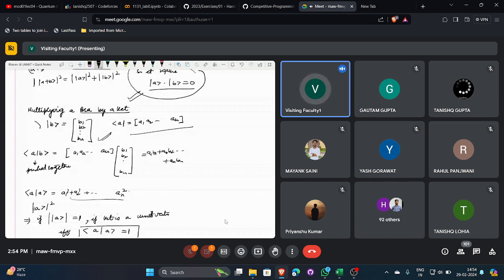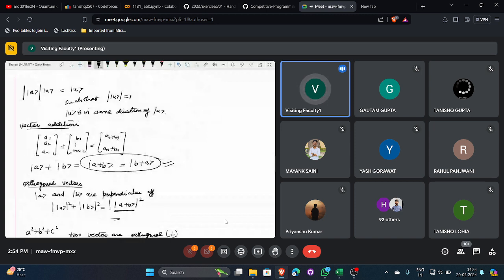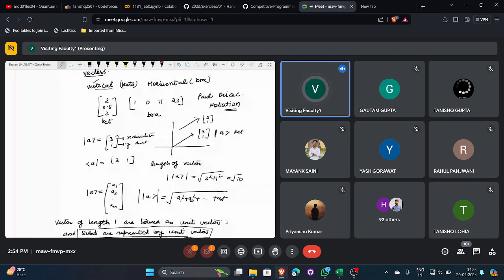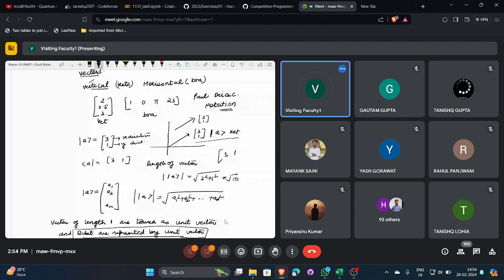The same vector, if you write it in a row form, we call it a bra vector, and if you write it in a column form, we call it a ket vector. Here we are drawing a vector, this representation we call a ket, and if I write the same vector in this form, we call the notation a bra.